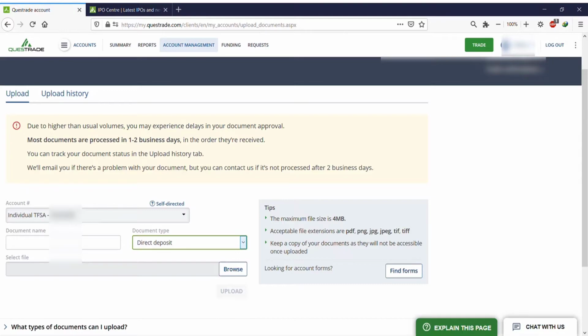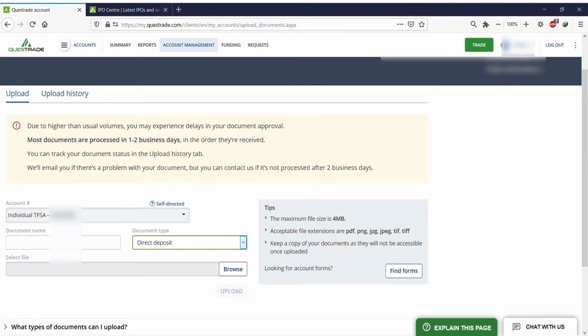If it is Tangerine, you can easily get it under your checking account and upload it here, because any upload takes probably 24 hours to be processed, because they are very busy. So that's why I want you to get that form from your bank and upload it here.